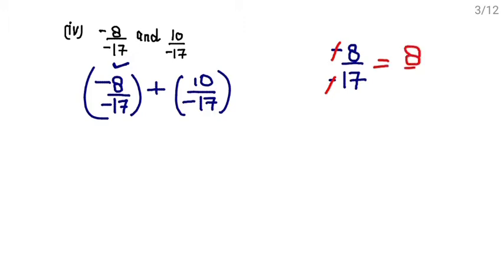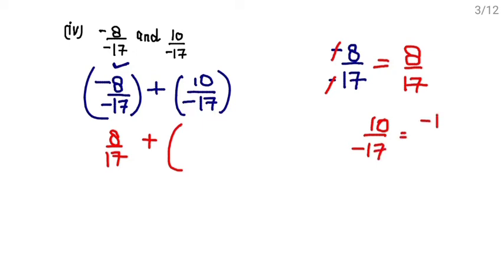This is equal to 8 upon 17. So write here 8 upon 17. Right? Now plus bracket, 10 upon minus 17 can also be written as minus 10 upon 17. So write here minus 10 upon 17.